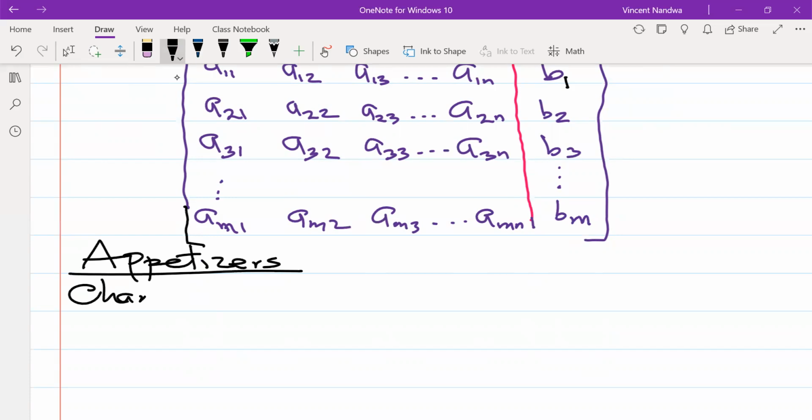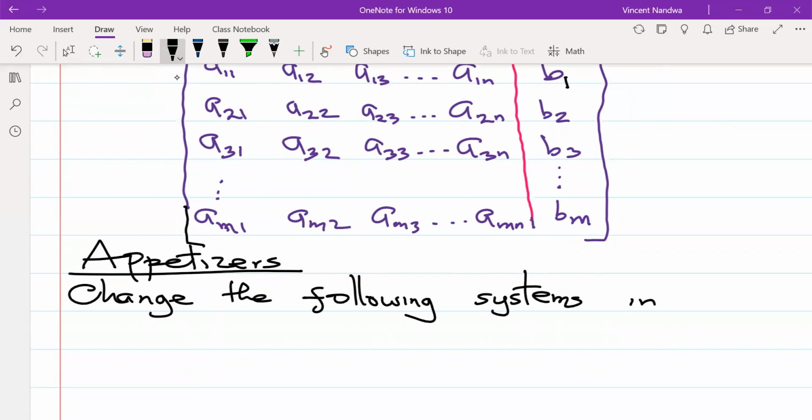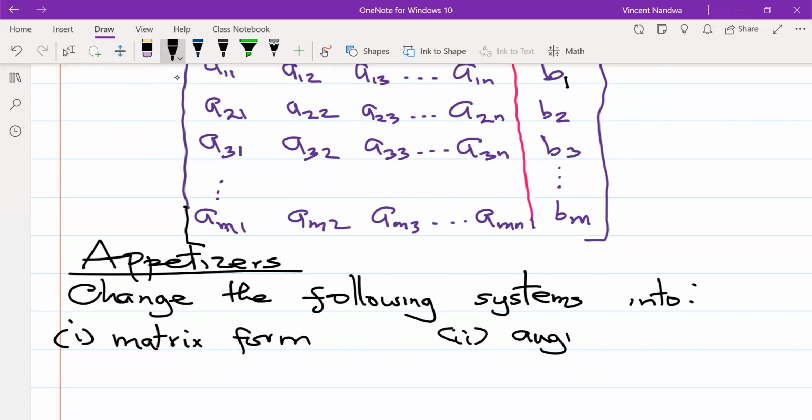Change the following systems into one, matrix form, two, augmented form.